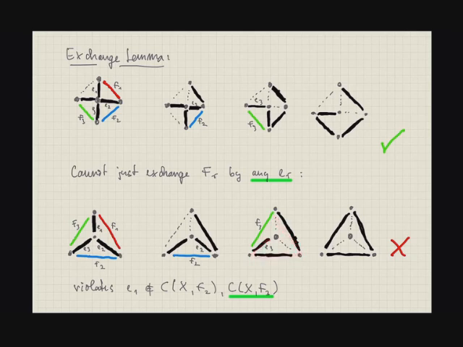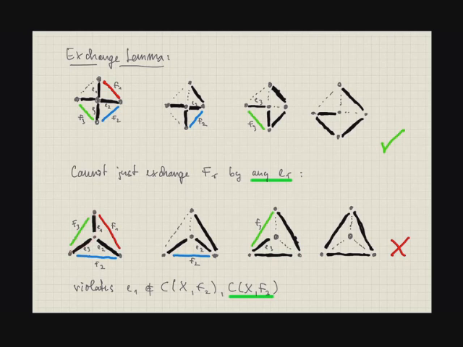But now when we look at adding edge F3, this would close another cycle, namely this large triangle here. So this edge F3, because we have already eliminated edge E1 here, is closing a different cycle than the one we identified earlier. And this is exactly where it goes wrong.